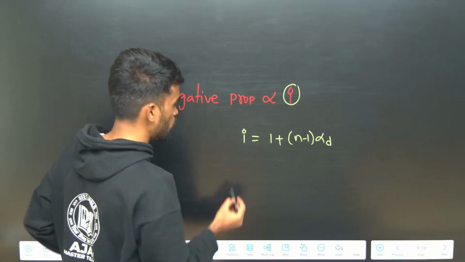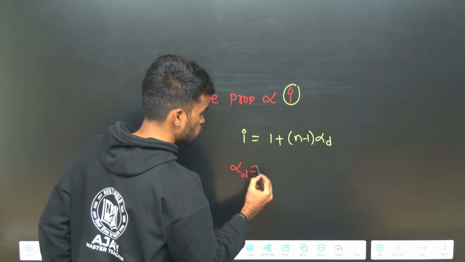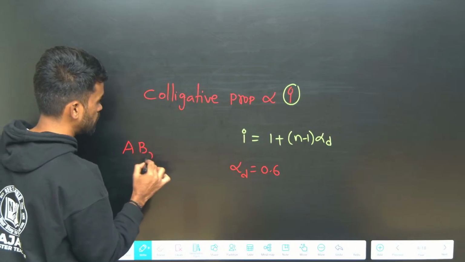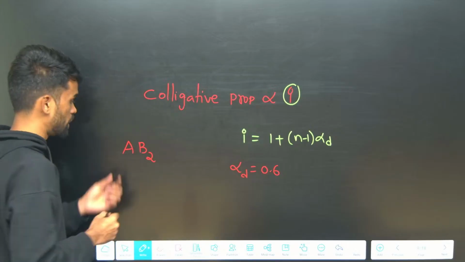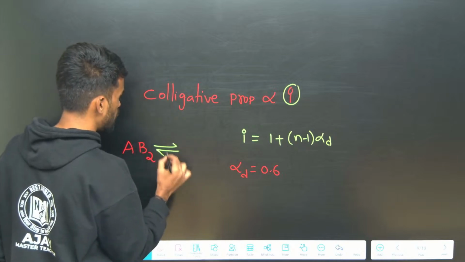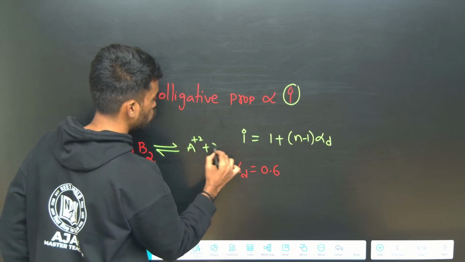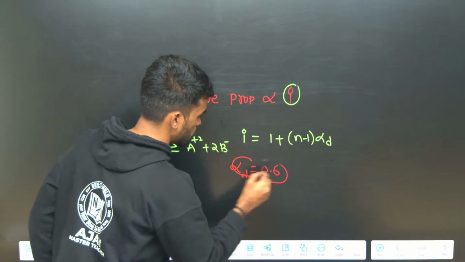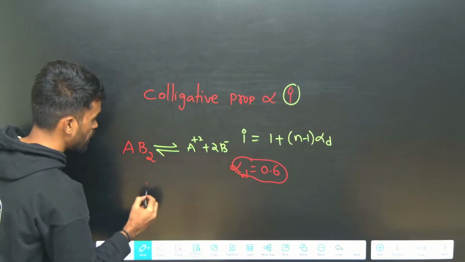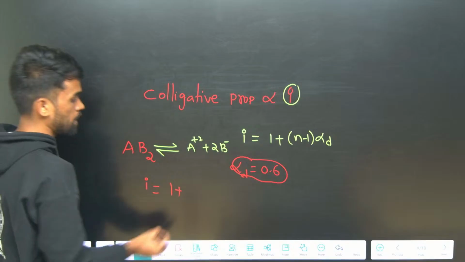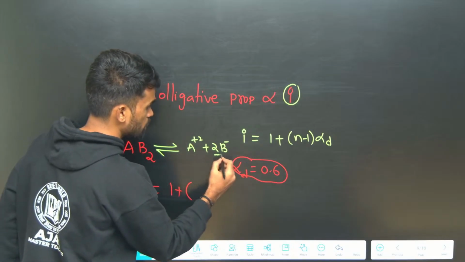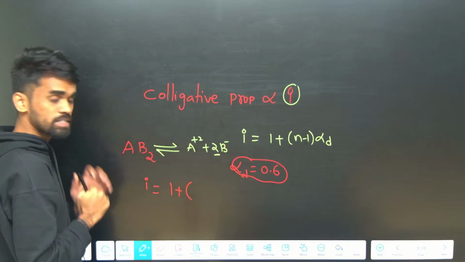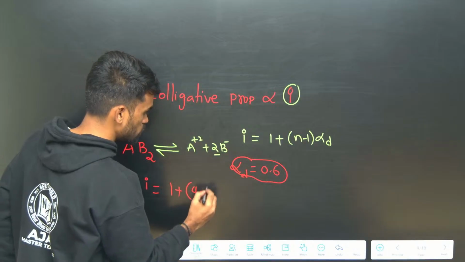I mentioned alpha d, the degree of dissociation, is 0.6, for an electrolyte of type AB2. It undergoes dissociation into A plus and 2B minus; these are the ions formed. Now find the i value. i equals 1 plus (n minus 1) into alpha d.